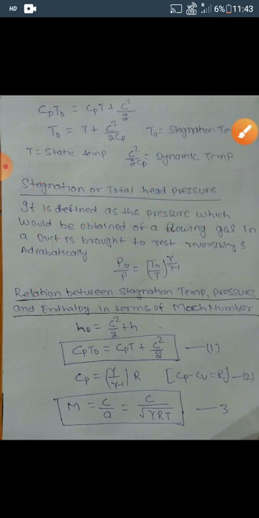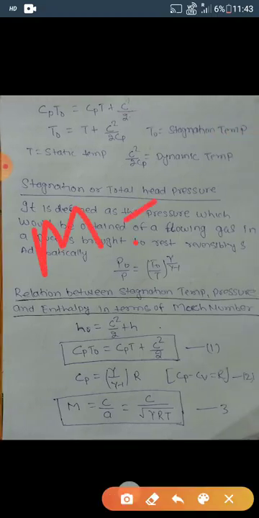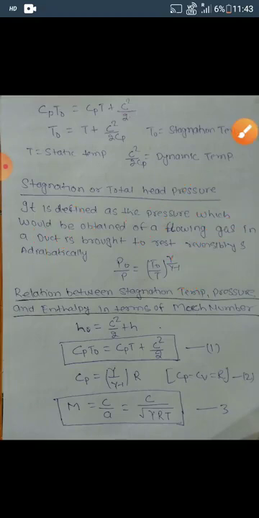Now I am going to find the relation between stagnation temperature, pressure and enthalpy in terms of Mach number. Mach number is nothing but C by A, where C is the velocity of the fluid and A is the sonic velocity.